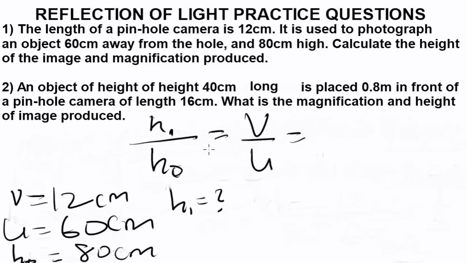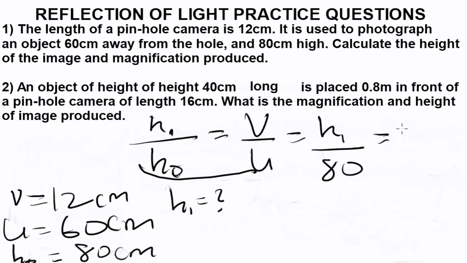We don't have the image height, that's what we're looking for. So let's substitute these three parameters we have into this expression. HI over HO, which is 80, equals V, 12, over U, 60.